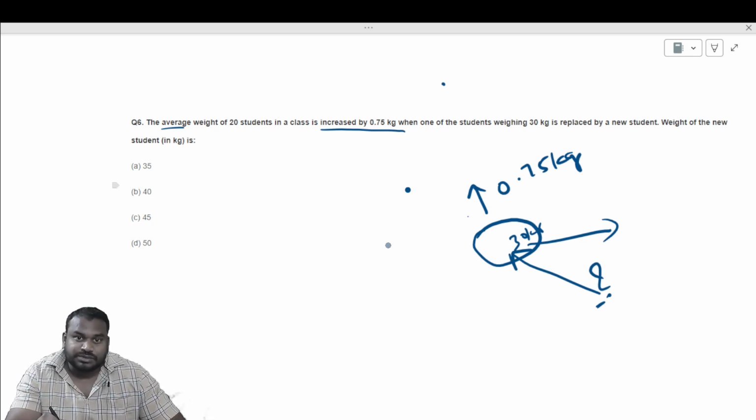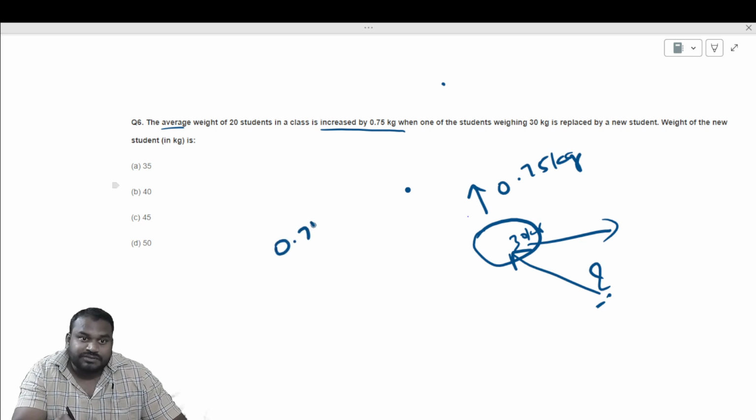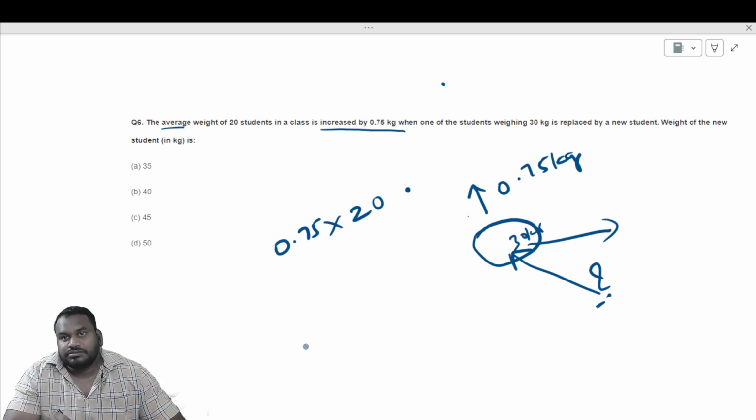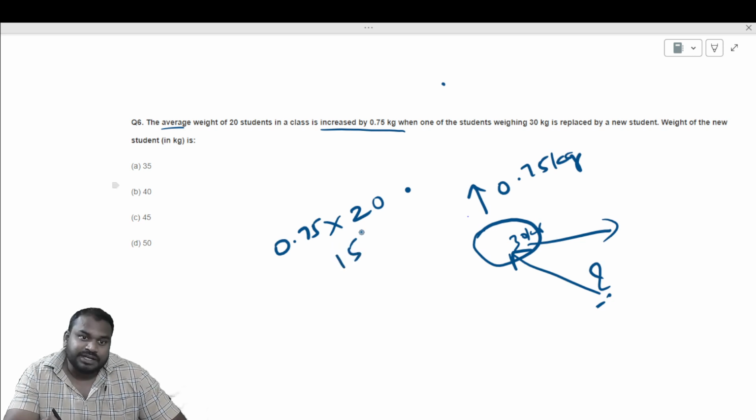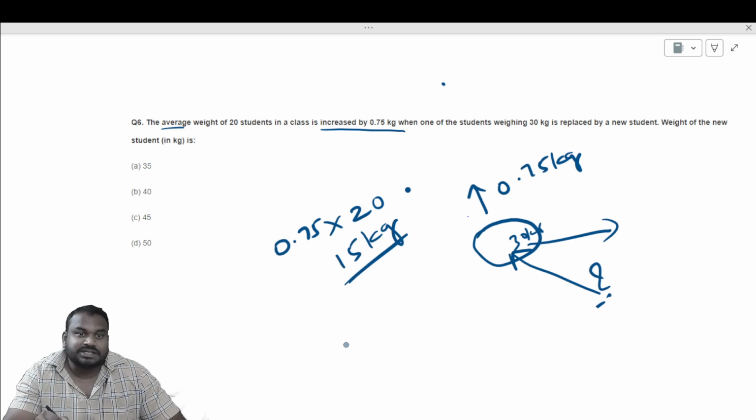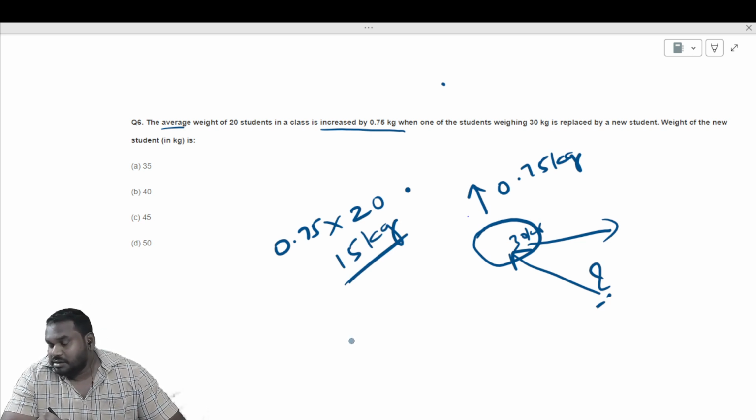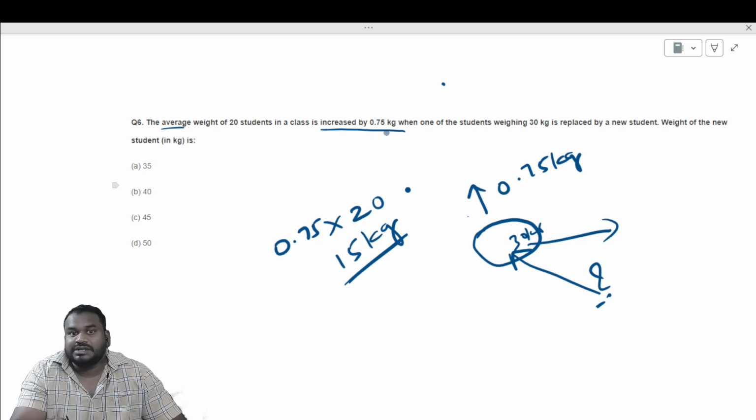So further what we will do? 0.75 into 20. See, the increased value should be given to everybody, right? So 0.75 into 20 is nothing but 15. So 15 kg is an extra value added because of that new person. That is the reason the average is increased by 0.75.